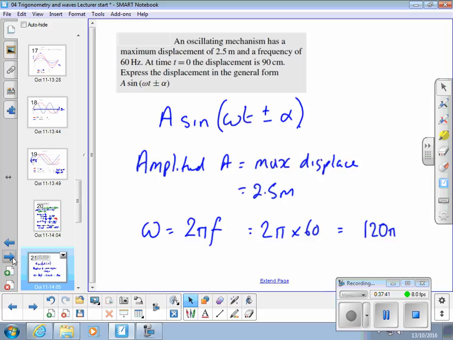We can start to build our formula up here. Displacement is equal to 2.5 sine. We've now got omega, it's 120 pi t, plus or minus something. Is it going to be a positive or negative phase angle in this case?